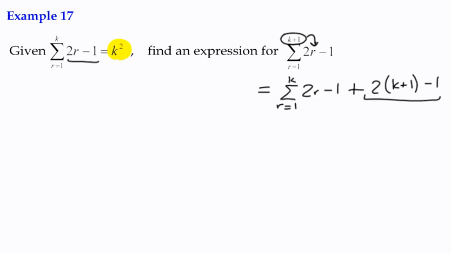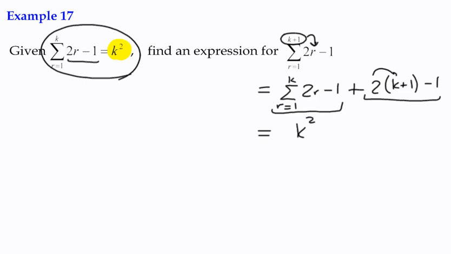Okay, that's the last term in the series. We already know, because I've just been given it, that the sum of the first k terms is k squared. So I can substitute that for k squared. I can then multiply out to get plus 2k plus 2 minus 1, and the expression that I get is k squared plus 2k plus 1.